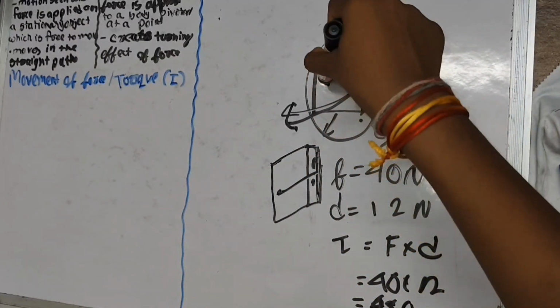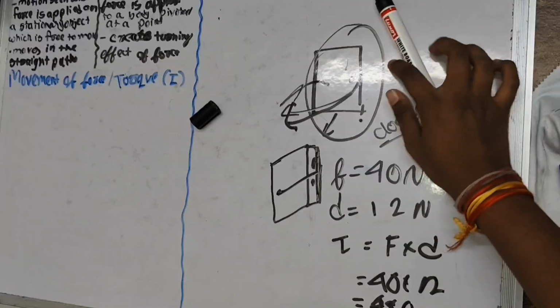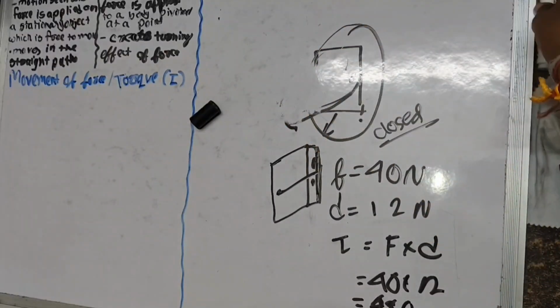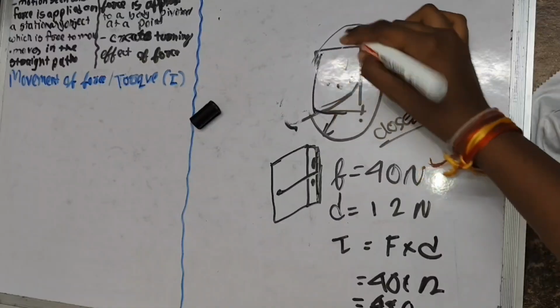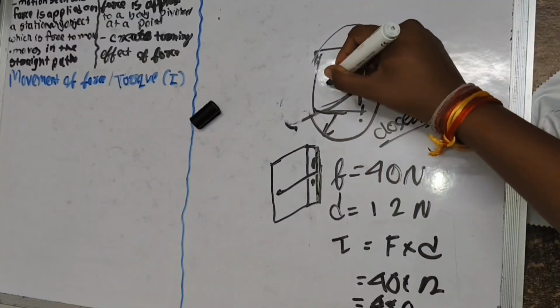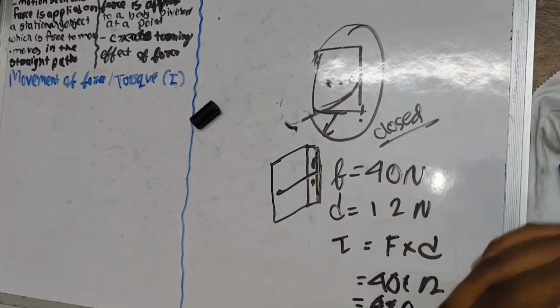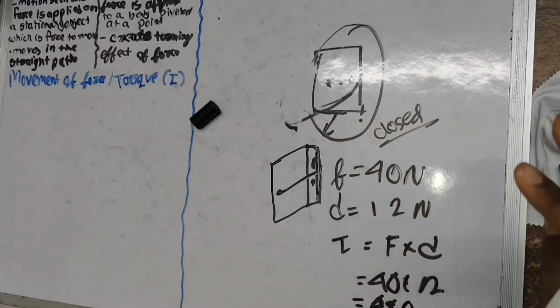So this means the force which is applied here causes the turning effect of force. If the person had thought, let me open the door from here or from here, he would have failed, because he would have opened the door but not with that ease.